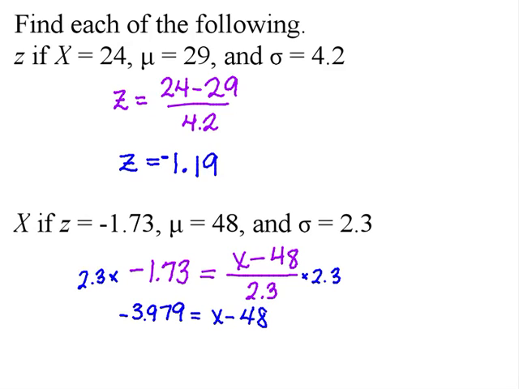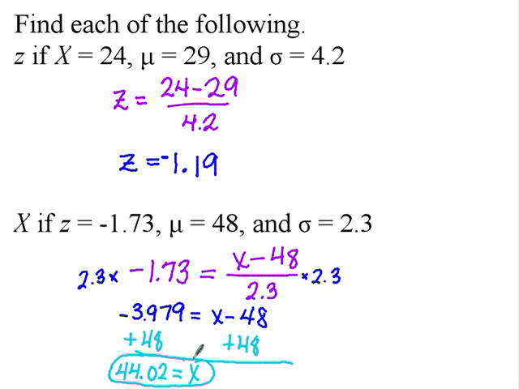What I do now then is add 48 to both sides. So to 2 decimal places, what do I get X to equal? 44.02 equals X. There you go.